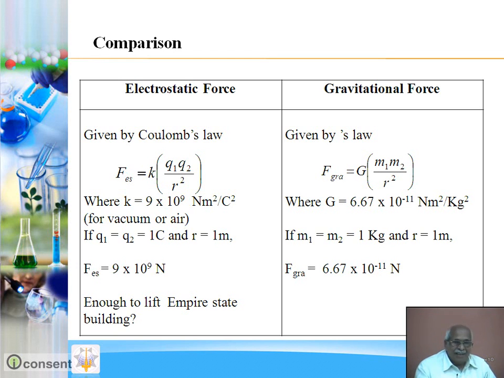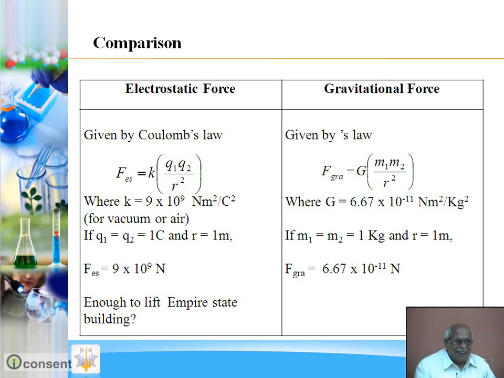Now just compare the values of proportionality constant in Coulomb's law equation and in Newton's law equation. In electrostatic force, proportionality constant is 9 into 10 raised to 9. In equation for gravitational force, proportionality constant is 6.67 into 10 raised to minus 11.